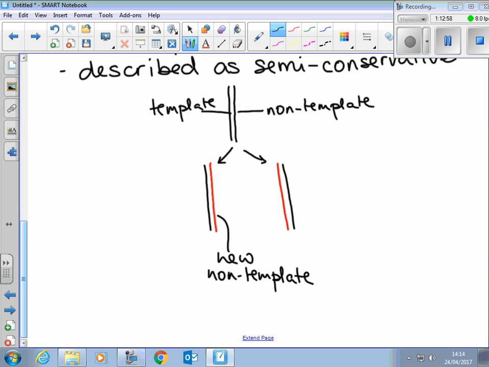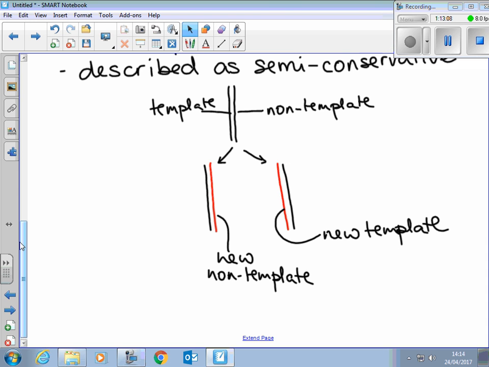And then the other one is a new template strand built up against the original non-template strand. And so that's the function of the non-template strand. Of course, every time this happens, you conserve half the original DNA.